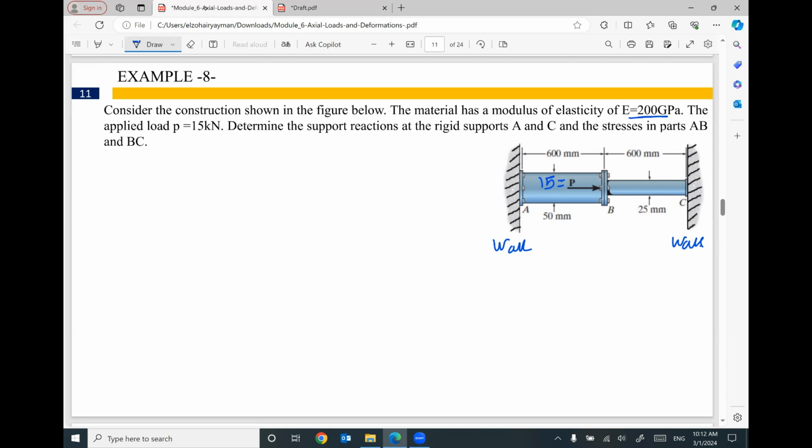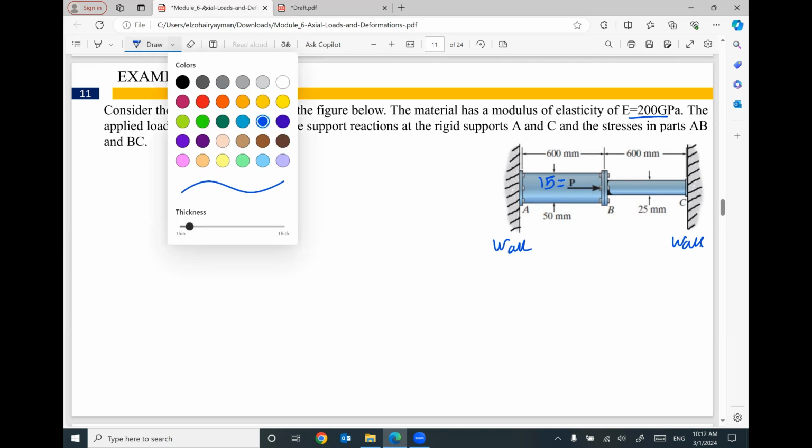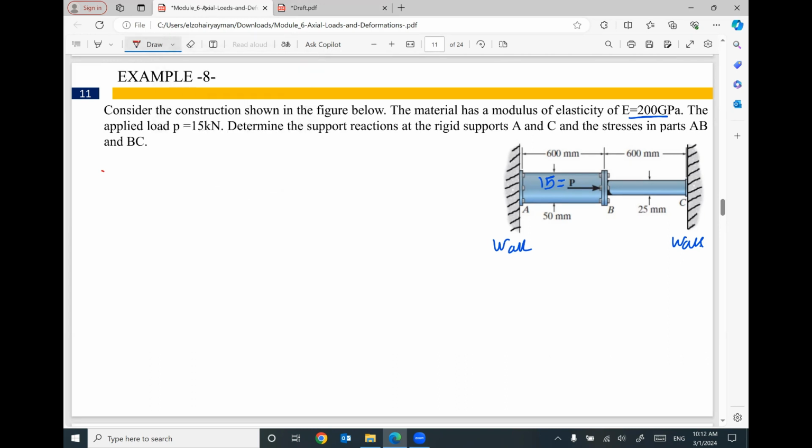So from engineering mechanics, I believe this applied force P is trying to move point B to the right. So I believe I will have a reaction at C in the opposite direction, and the reaction at A in the opposite direction.